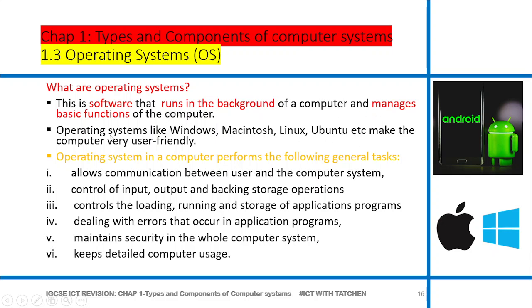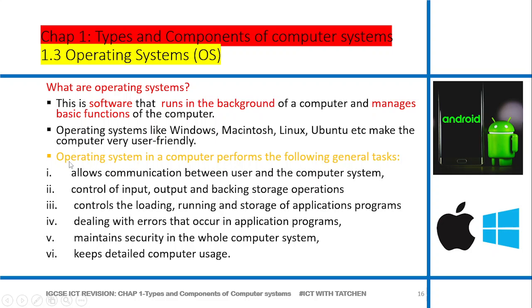It manages what I'm doing. It manages my communication with my computer, as we will see later. Some examples of operating systems are Windows, Mac OS, Android, Linux and the rest.